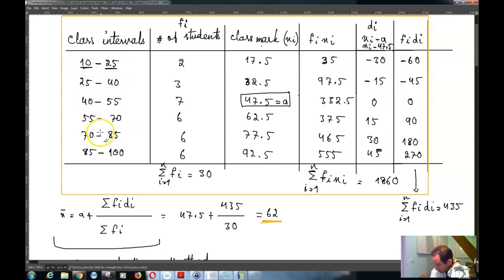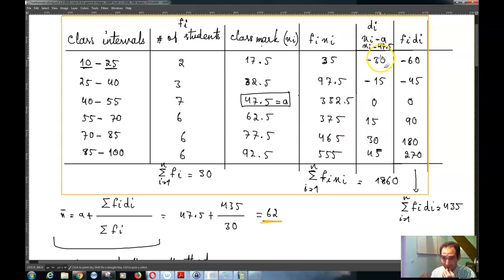So that means you can still make this table much simpler by doing a couple of things.